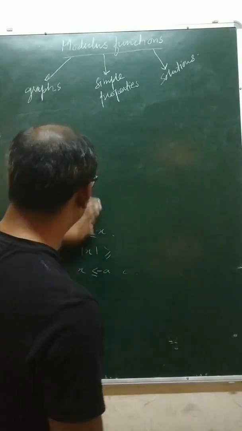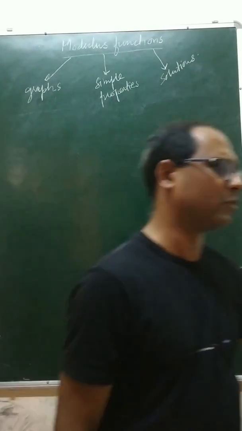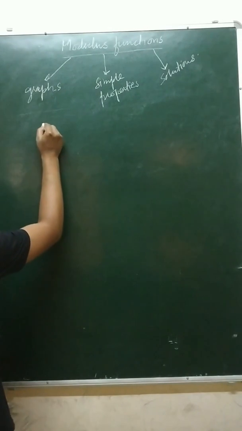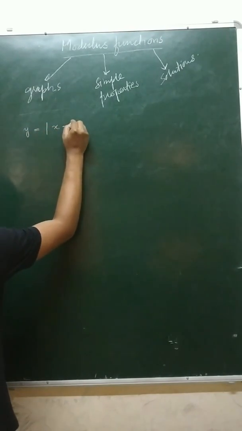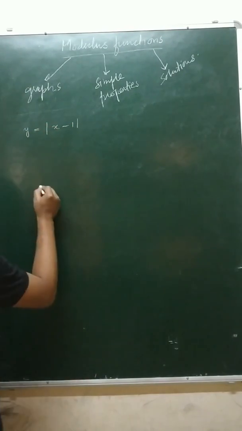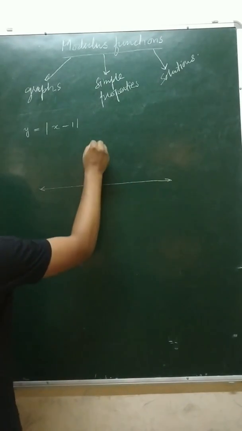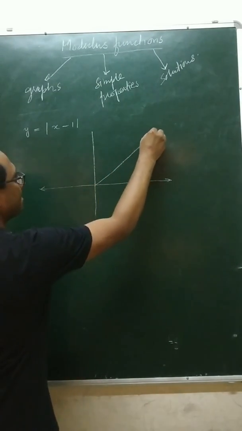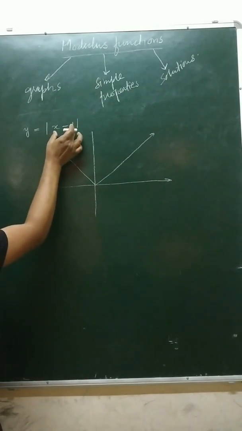Apart from this, we need some simple transformations of modulus. We are going to draw them one by one. The first transformation we need is how to draw the graph of y equal to modulus of x minus 1. To draw it, we take the original graph, modulus of x.